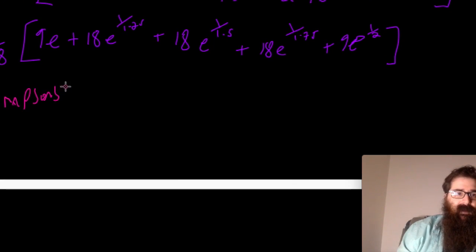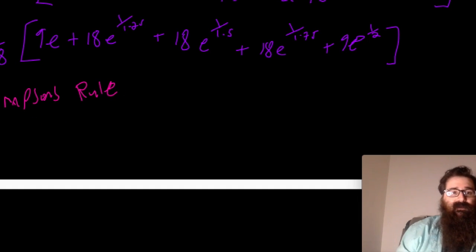There are actually a lot of different variations on the formula for Simpson's rule. The one that we're using for our course is delta x divided by 3 out in front.